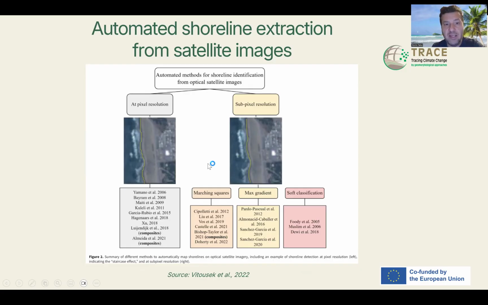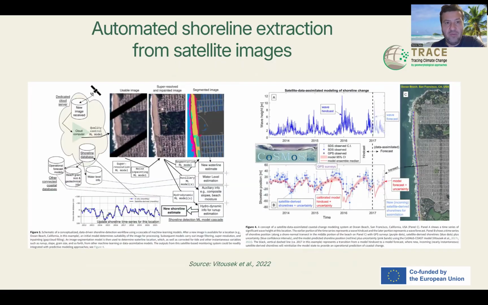And you can see the difference between these two images. On the right hand side, sorry, we have an image at sub-pixel resolution, and you can see that the shoreline is smoother than in the left hand side image, because we are going at a sub-pixel resolution, but we have to work more on the image. We have to employ some machine learning methods in order to improve the quality of this image.